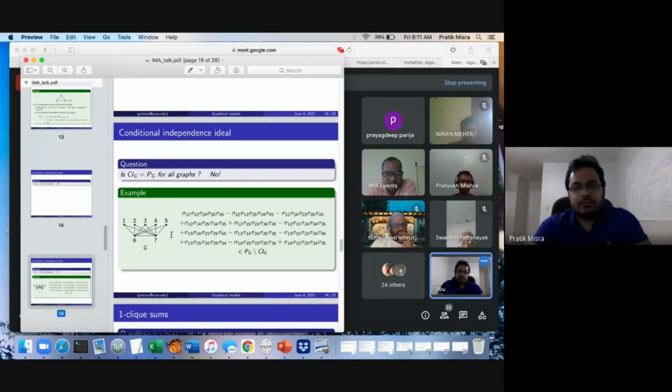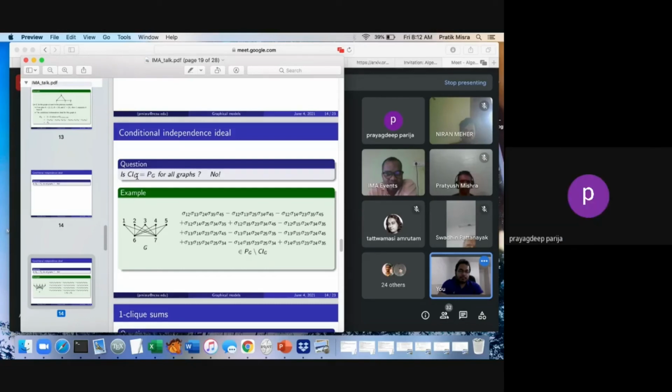There are a lot of ways to see the conditional independence ideal, but it is important for me because it is computationally easy to compute. We computed the vanishing ideal using the kernel of the map, but that is still computationally expensive. So once we know that these two ideals are equal, it becomes really easy for me to compute the vanishing ideal of the graph.